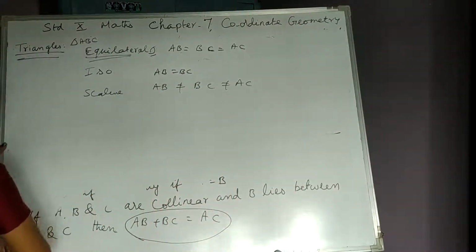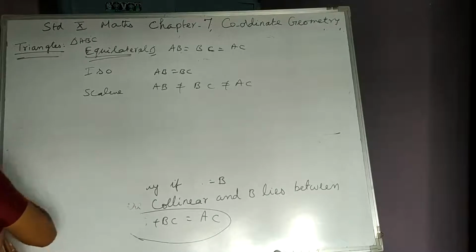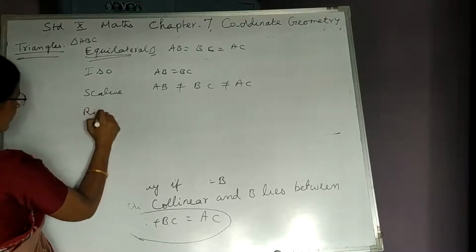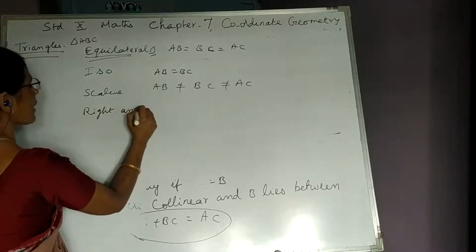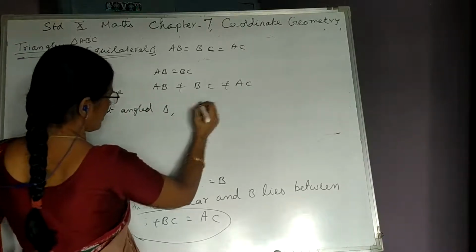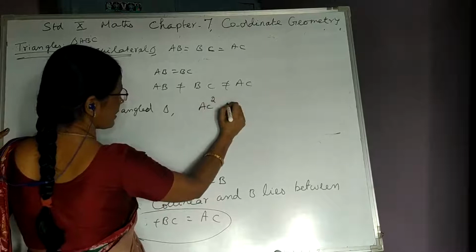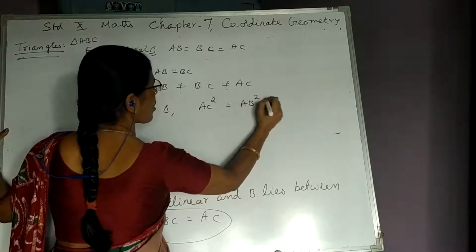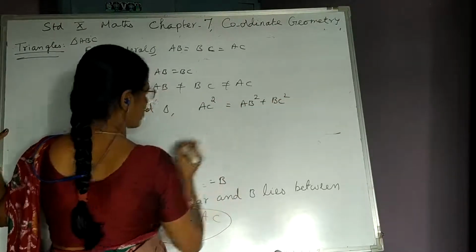Then comes the right angled triangle. What is a right angled triangle? In which the square of the largest side will be equal to the sum of the squares of the remaining two sides.